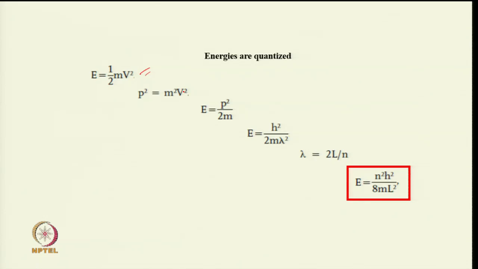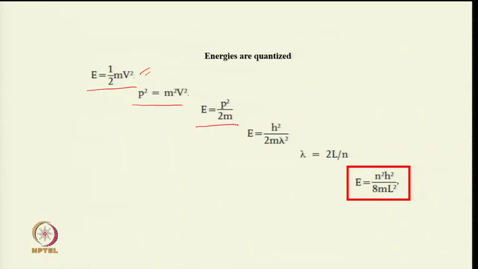So, I can calculate the energy as a function of n. First I express energy in terms of momentum. We know that p is equal to mv, so p square is equal to m square v square.